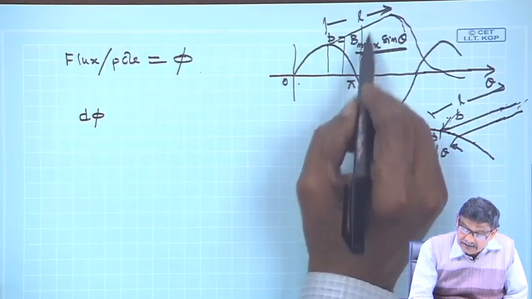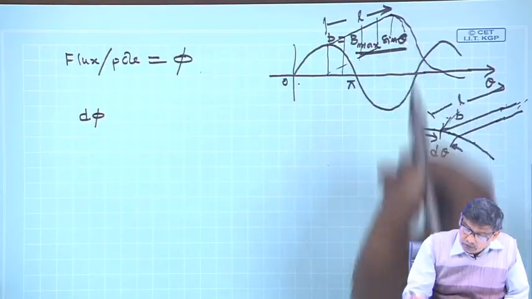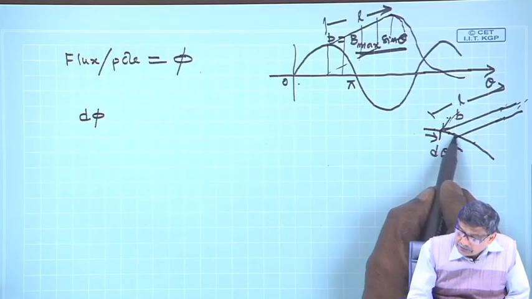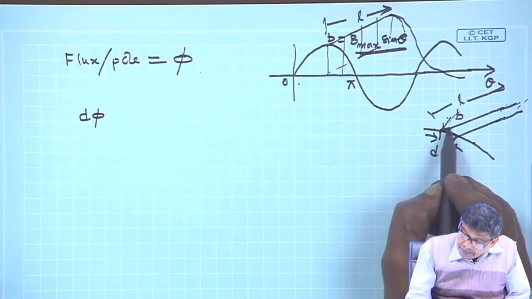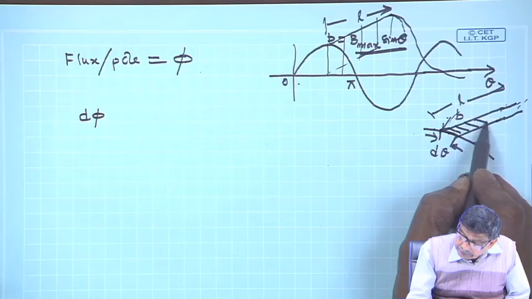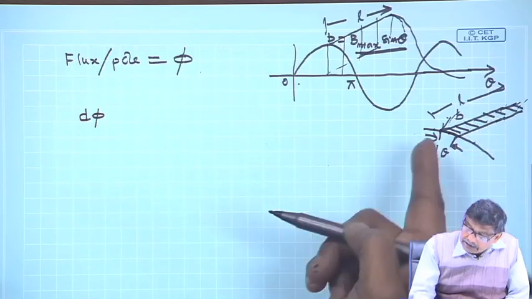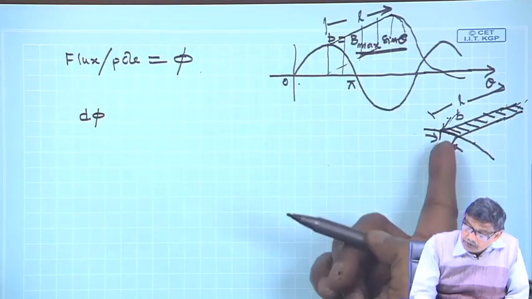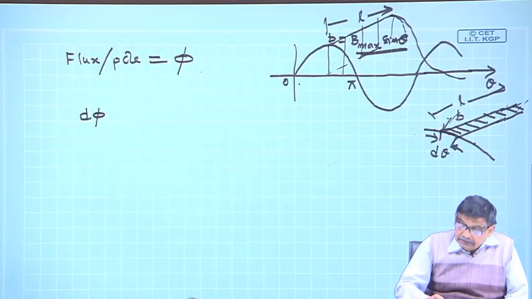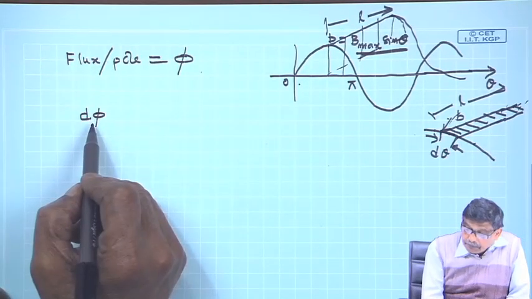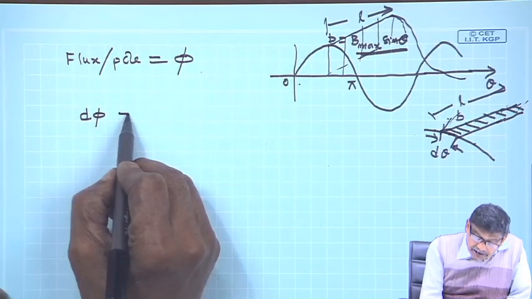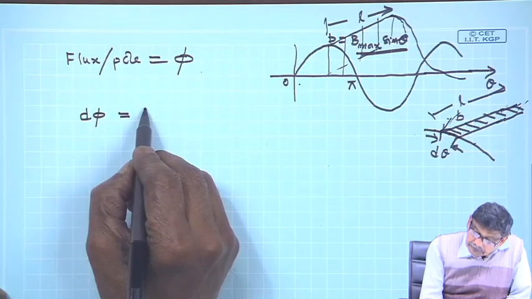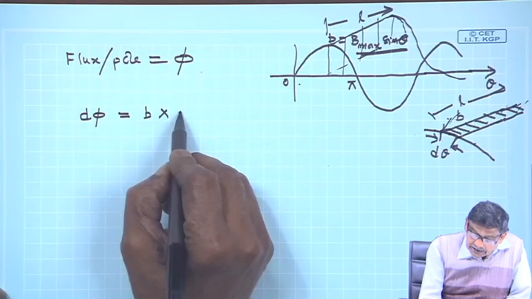So, what you have to do is take a small strip here, calculate this area and multiply with the instantaneous value of B at that position to get d phi. So, d phi will be small b into the elemental area.